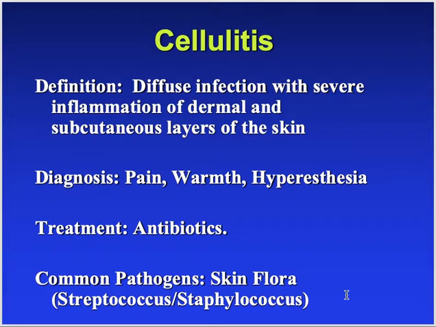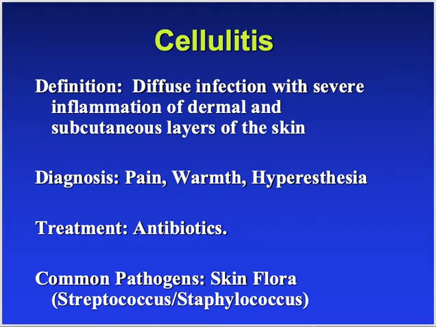So in cellulitis, maybe you will find a history of trauma, a history of surgical procedure, or anything like this. Of course, the common flora of the skin have invaded the deeper structures, and it leads to this surgical infection. So what is the treatment? Treatment is simply antibiotics.